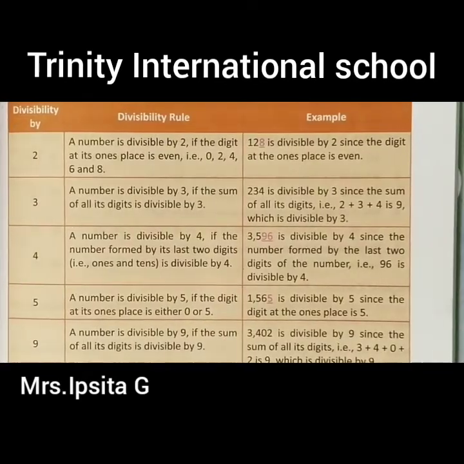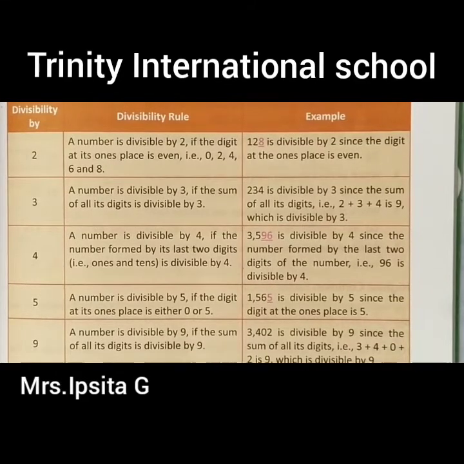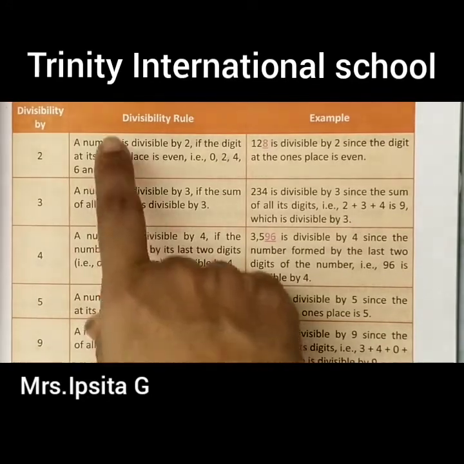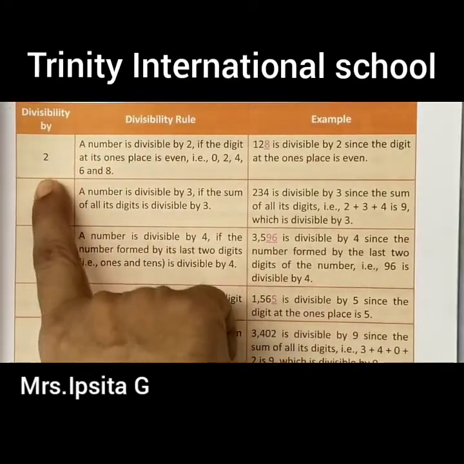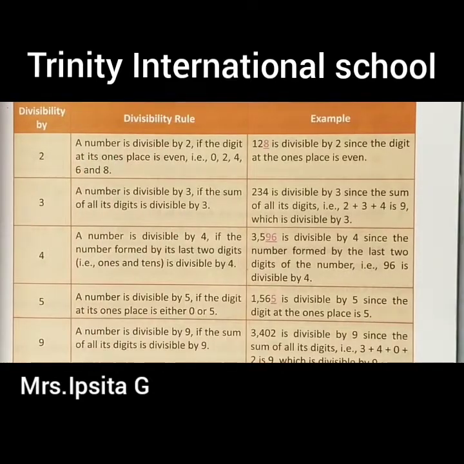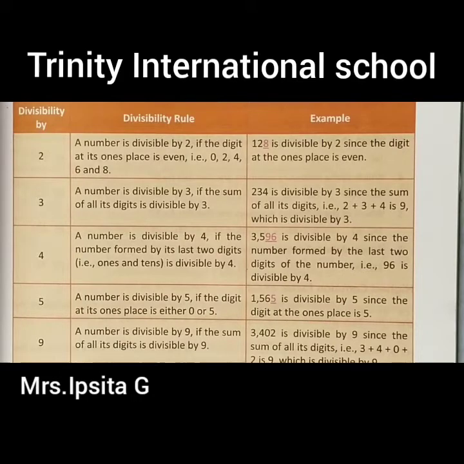Now students, you can see the chart, and in this chart the first thing that is given is divisibility by number 2. Whenever a number is given to you, you have to see whether the given number is divisible by 2 or not.